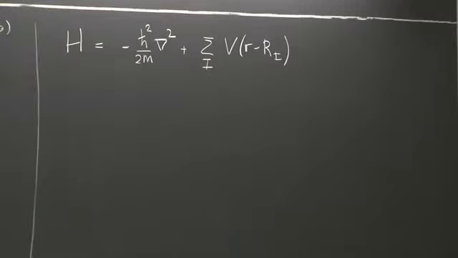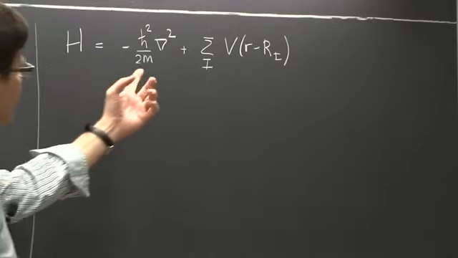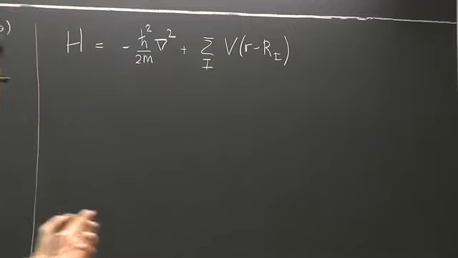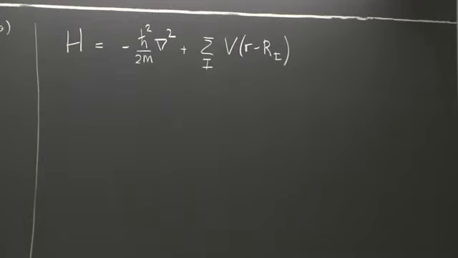That is, each electron in my system will be subject to this Hamiltonian containing kinetic energy and the sum of all the attractive potentials due to all the atoms, the nuclei, that are present in my system.